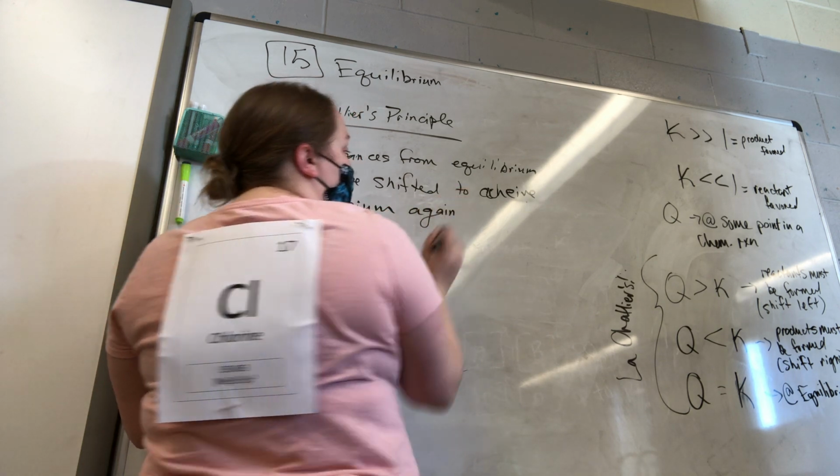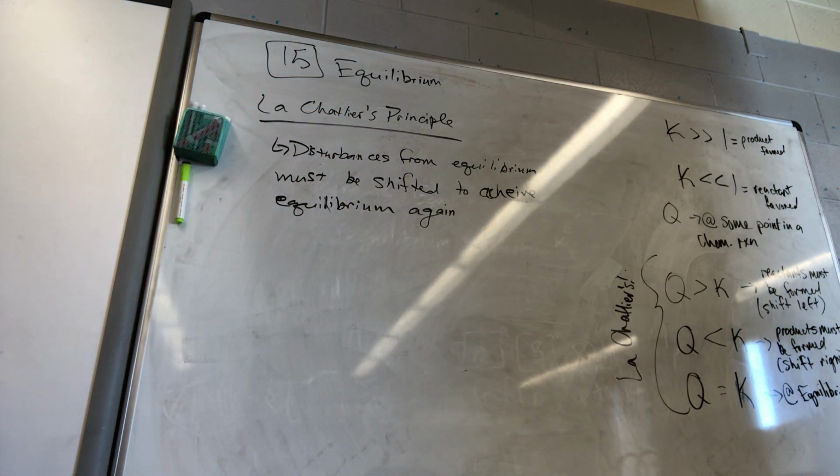This is a big one because we use it in several chapters after this. Le Chatelier is introduced here, and then we manipulate K over and over again in various ways in other chapters. 16 and 17, still using K.